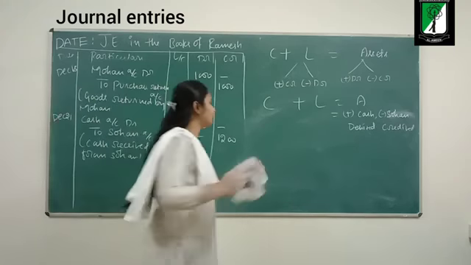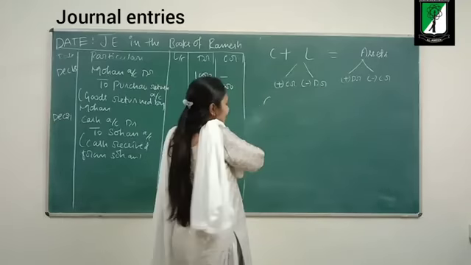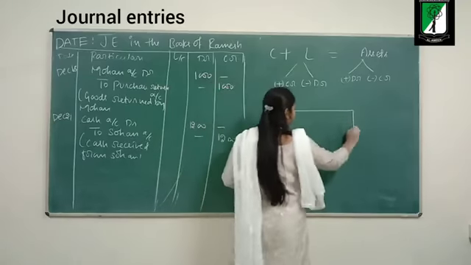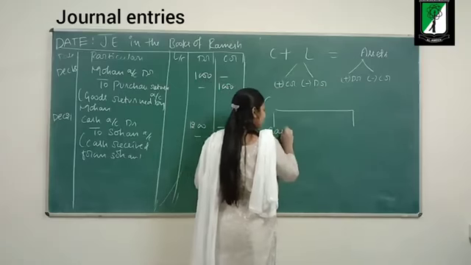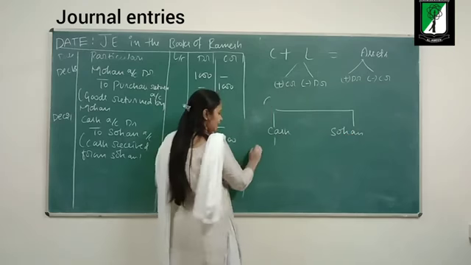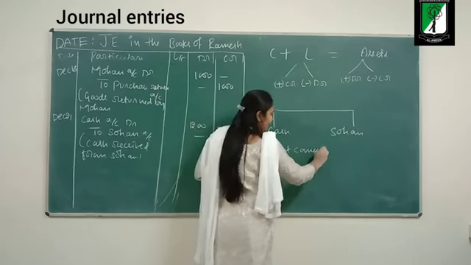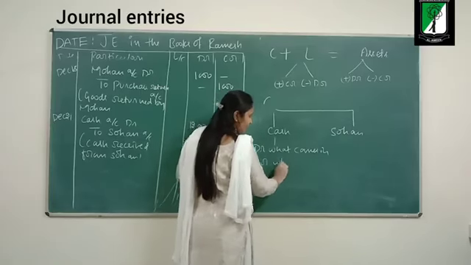Now, according to the traditional approach, what is happening? Cash received from Sohan. The business is receiving cash. Sohan is a person. Cash is an asset: real account rule, debit what comes in, credit what goes out.